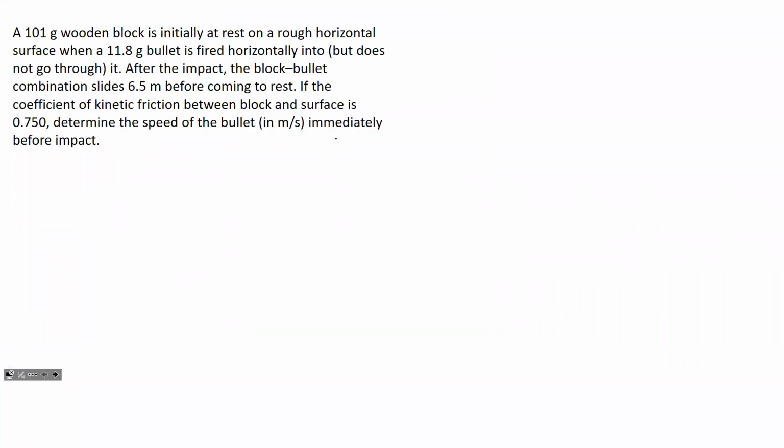So this problem is physically identical to a problem with a bullet hitting a ballistic pendulum. It also has two parts, and for each part, we have to apply its own law. First, we have a collision, law of conservation of linear momentum.